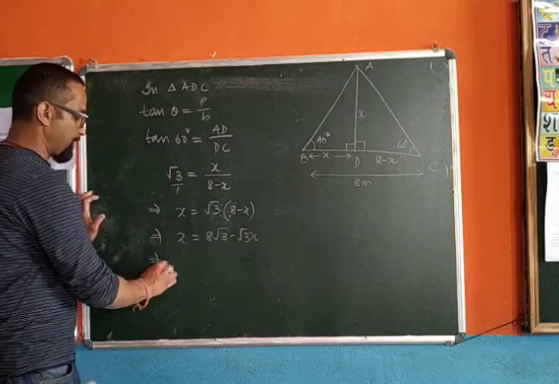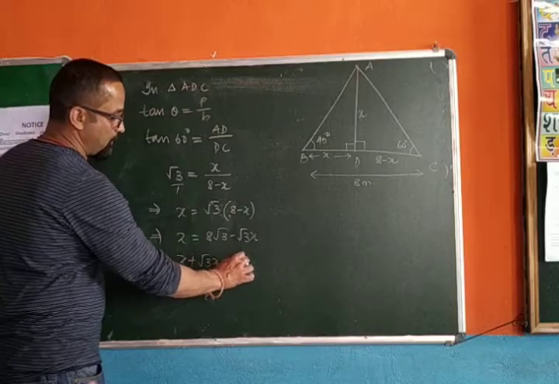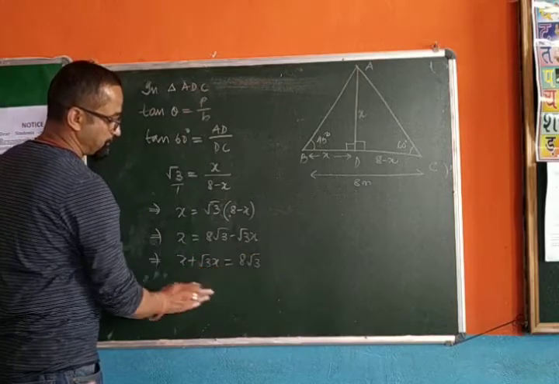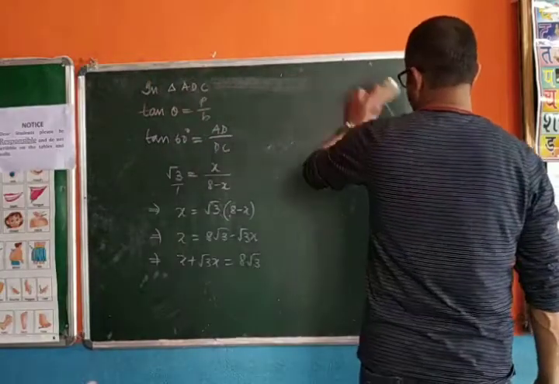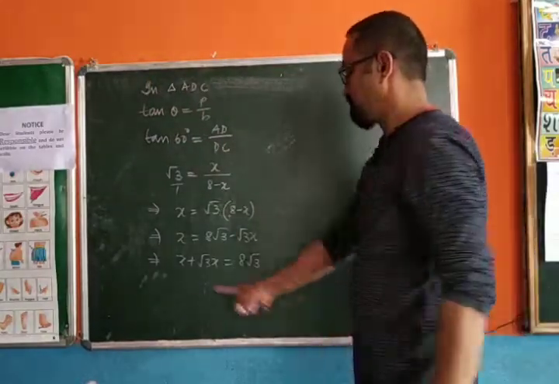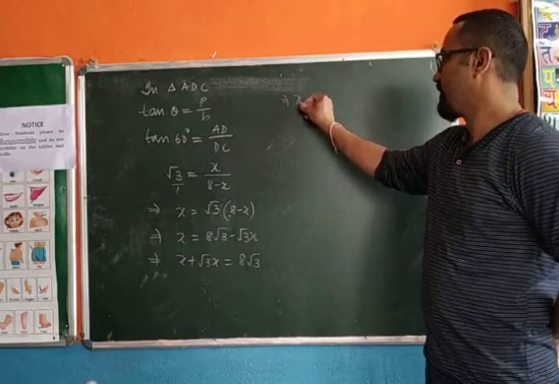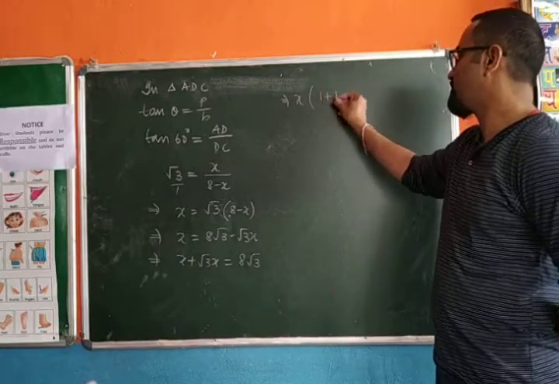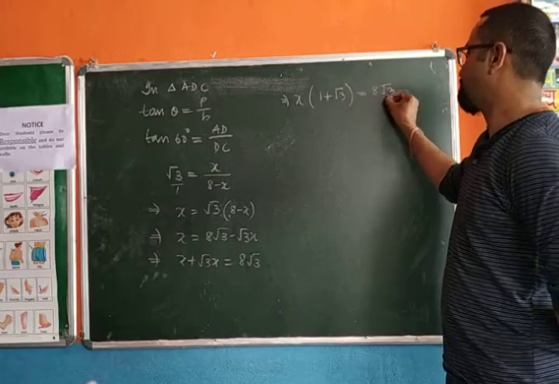Arrange it: x plus root 3 x equal to 8 root 3. You have to simplify this, and when you do the simplification, you need to take x common. You get x times 1 plus root 3 is equal to 8 root 3.